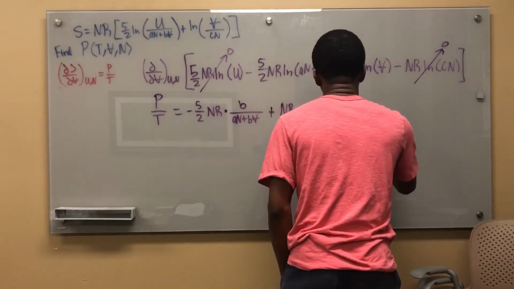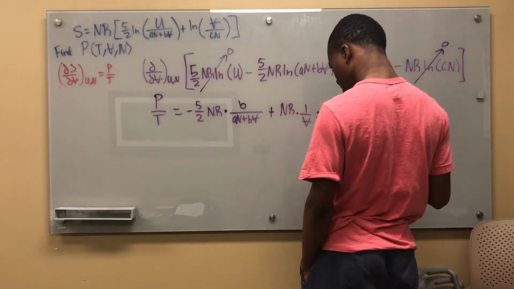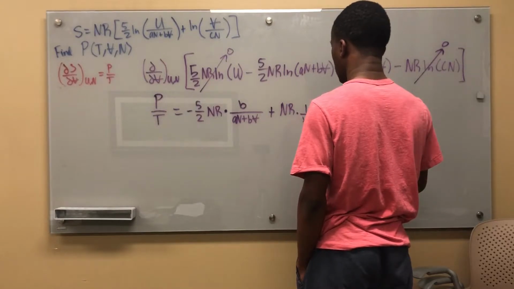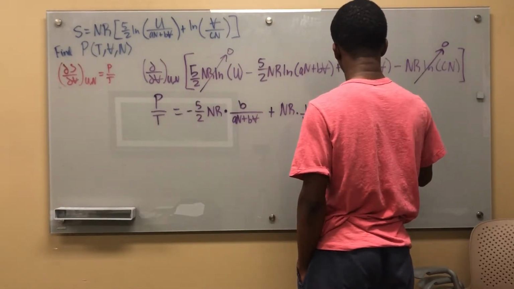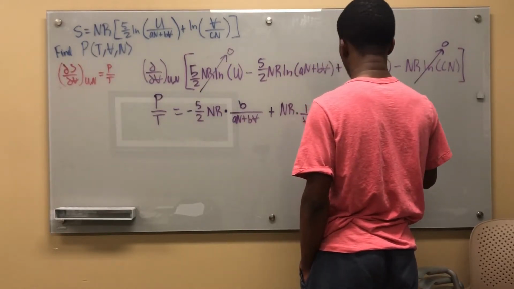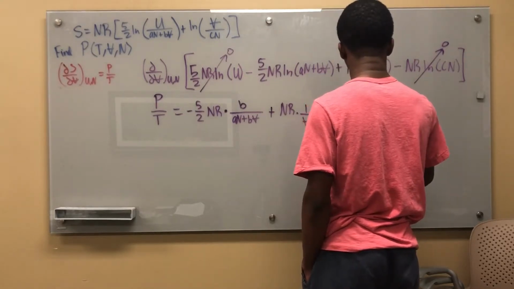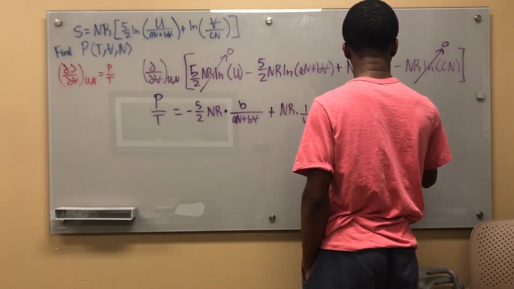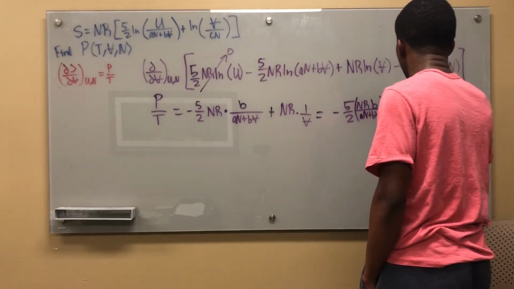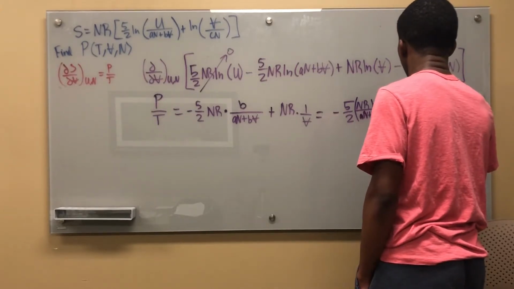Now, I'm just going to go ahead and sort of combine these. Negative 5 nr. Is this correct? Let's find out. nrb over 2 times, let me just do this, negative 5 over 2 times nrb an plus bv. I don't want to start putting extra brackets inside and everything. Plus nr over v.